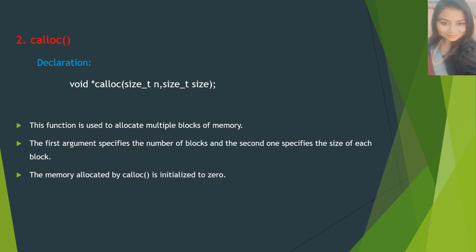They specify the number of blocks, and the size of each block. The first argument is n, the number of blocks, and the second argument is size, the size of each block. This syntax is used for allocating multiple blocks of memory.